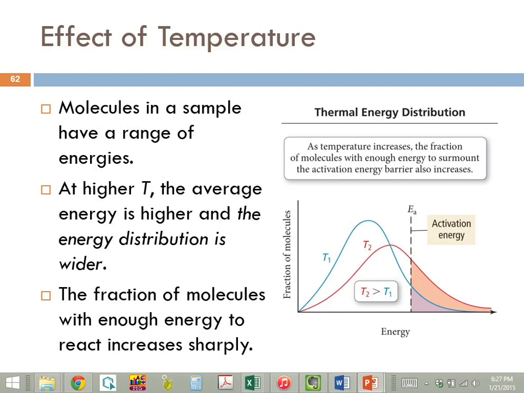And so here we have the activation energy, and the area under this curve here is the amount of molecules that have enough energy to get over the barrier. When we increase the temperature, the fraction of molecules that can get over the barrier increases sharply. And this is why rates of reaction have a high dependence on temperature. They're very sensitive to temperature. Any questions?